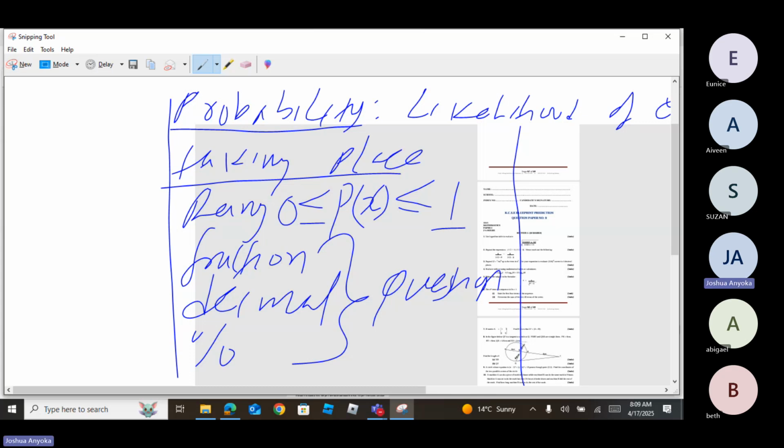After knowing the range of probability, how do you find probability X?